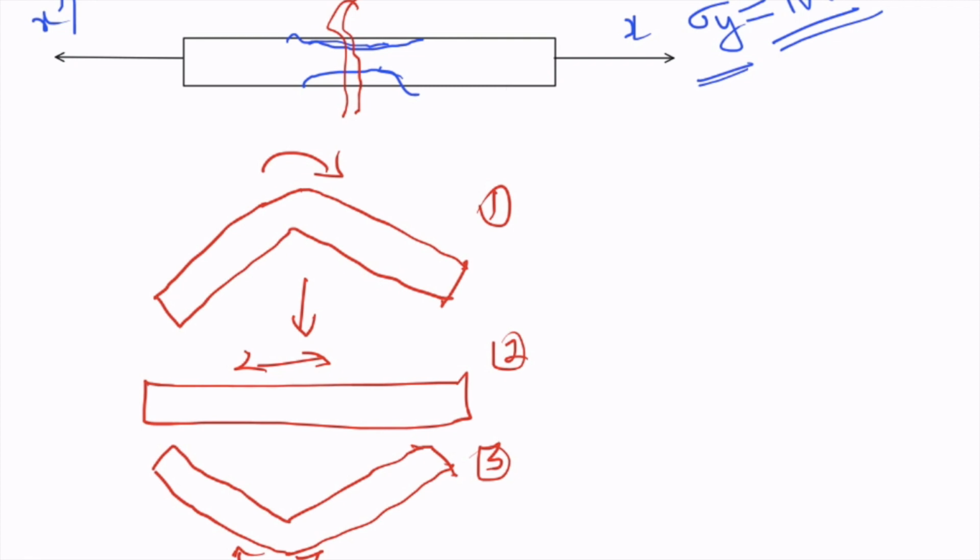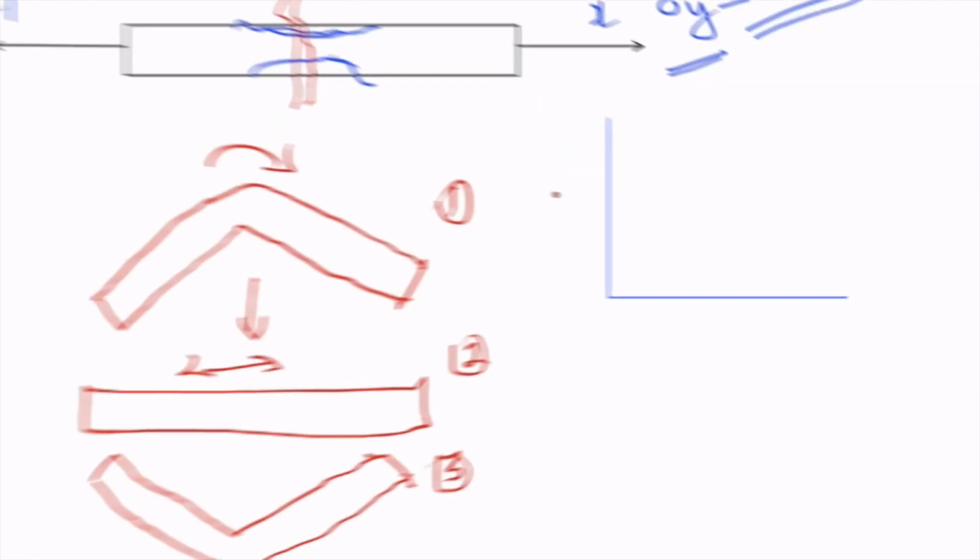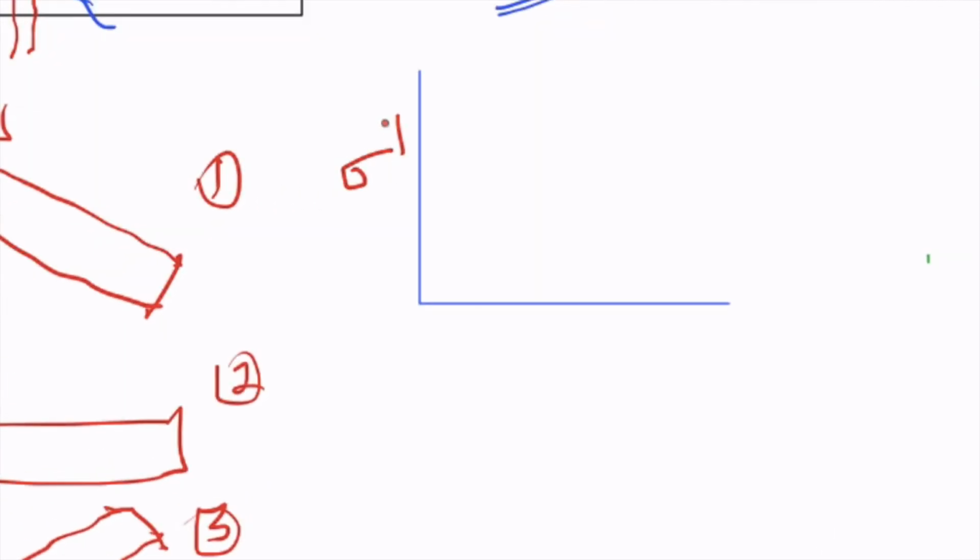So when you consider a static failure situation, it goes like this. If you want to make a graph between the stress and time, on the y-axis I'm going to plot the stress value, and on the x-axis I'm going to plot the time.